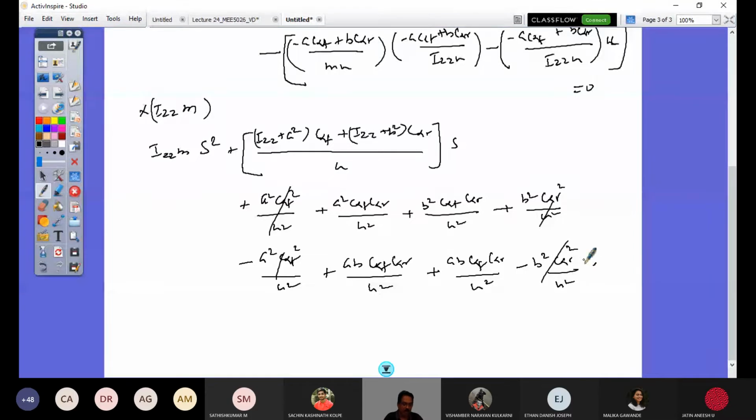Any other term other than this, minus m a C alpha F plus m b C alpha R, that's all equal to 0. So I can again reduce this equation.